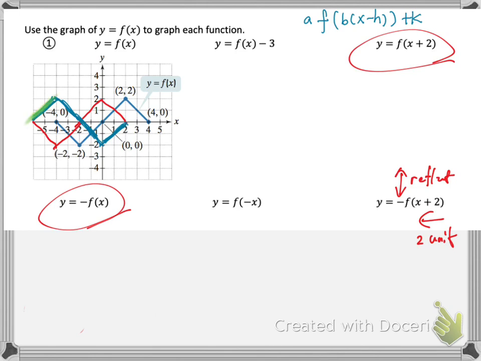Maybe I can use green to make it stand out. So move to the left and then reflect. That's the graph part. Now the next part is the domain of the function.